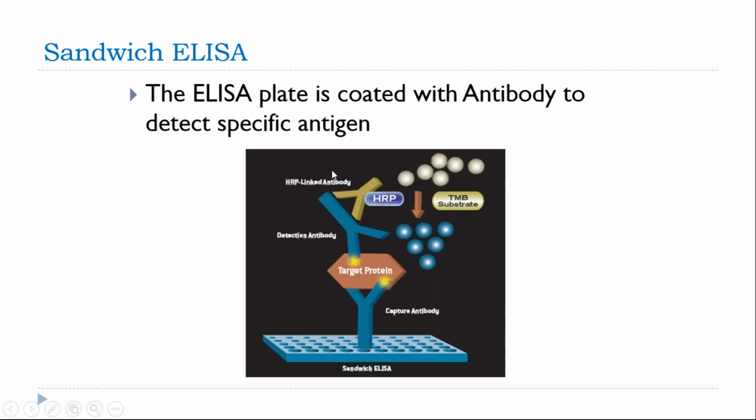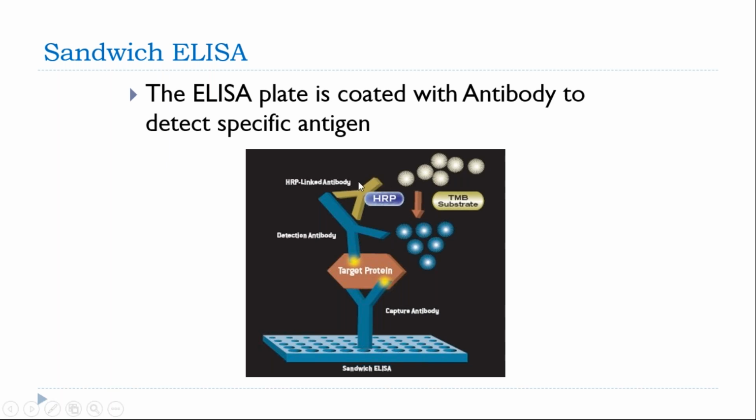If you take your sample containing the analyte and add it to this plate, because of the interaction, the analyte will be captured by the antibodies coated onto the plate.